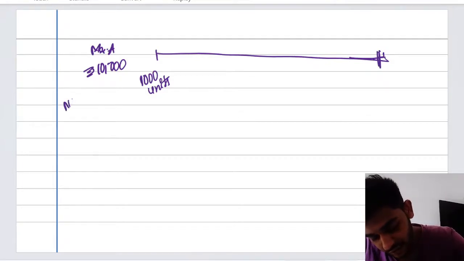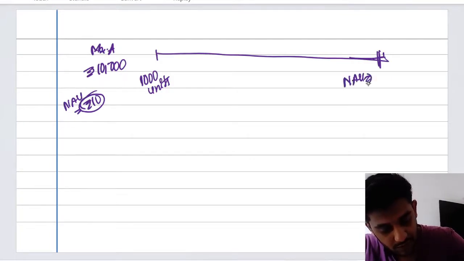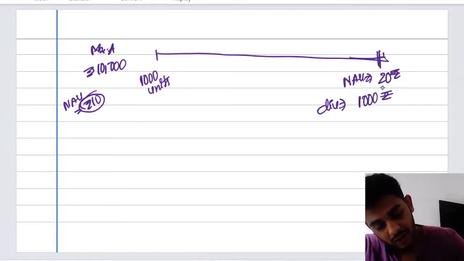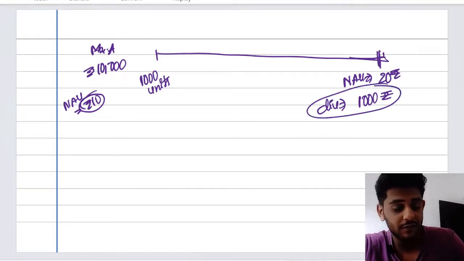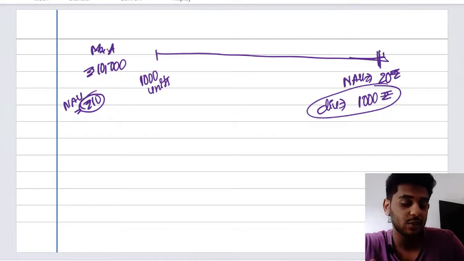The initial NAV here was 10 rupees. After 1 year the NAV rose to 20 rupees, and the dividend earned by the mutual fund house is 1000 rupees. Now ideally, if it was a dividend plan, this dividend of 1000 rupees would be given to the investor.